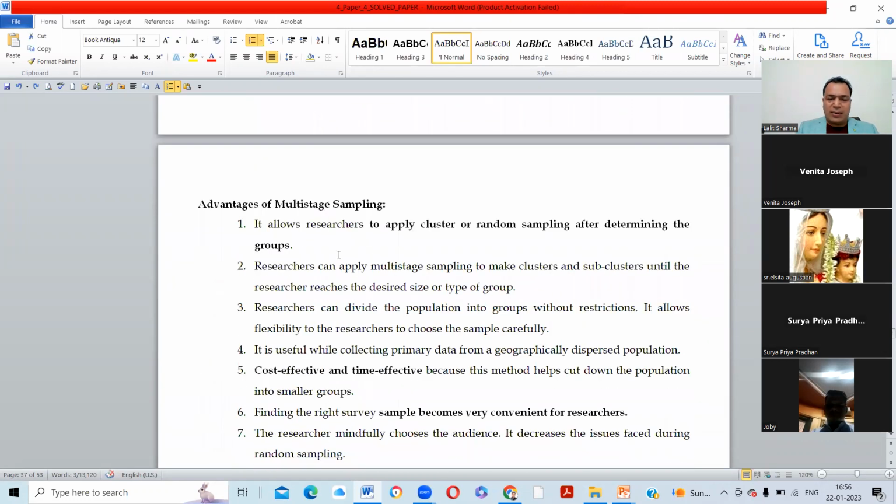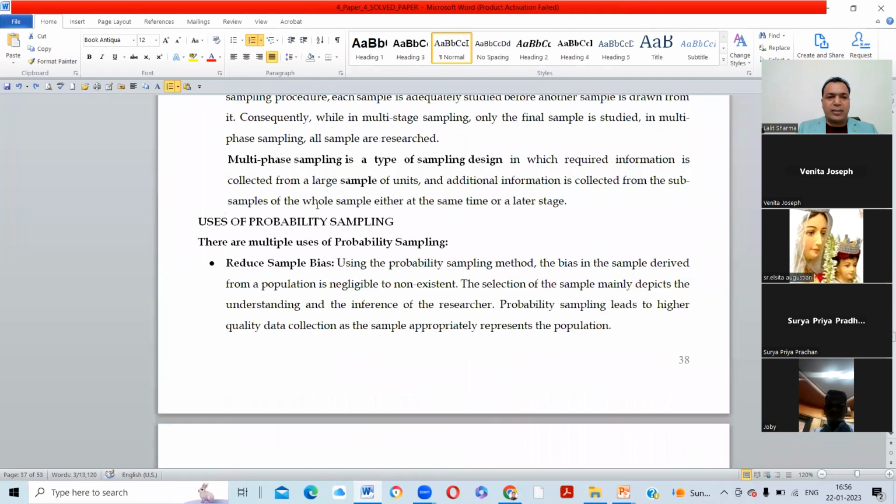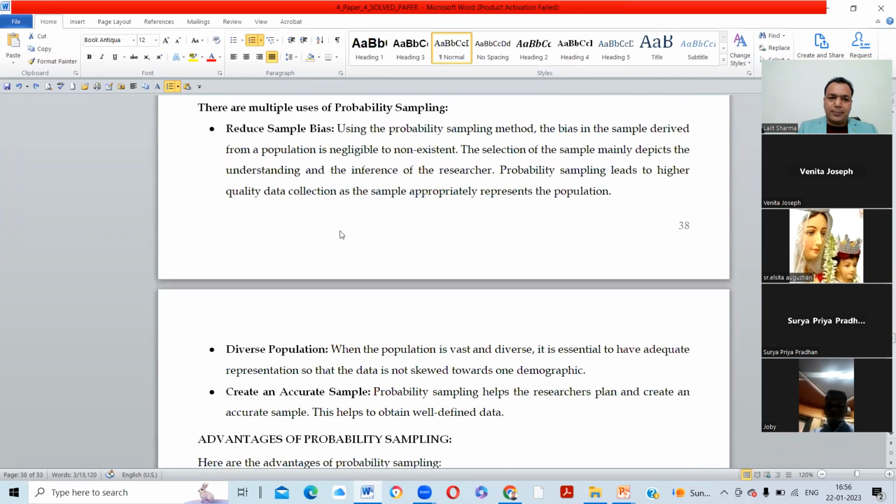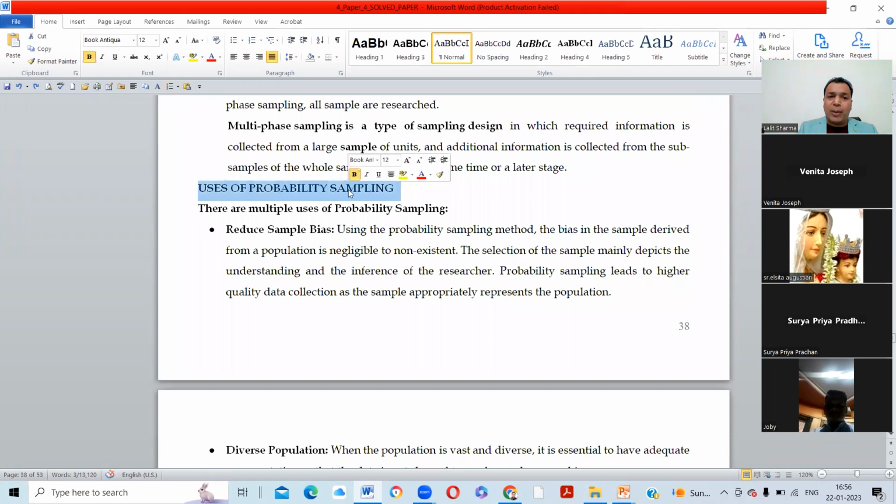Then after that, what are the advantages and the uses of probability sampling? Now what are the uses of probability sampling? It reduces sample bias, because there is no bias, right? In probability sampling, because we are taking every 10th school in our study. But in non-probability sampling, bias comes in from our own choice.